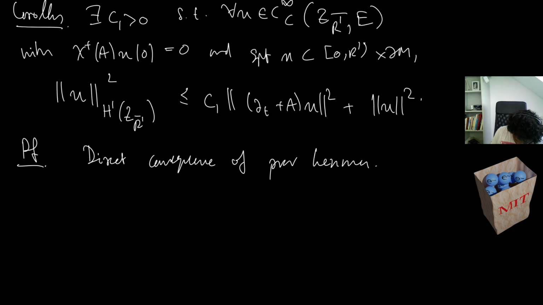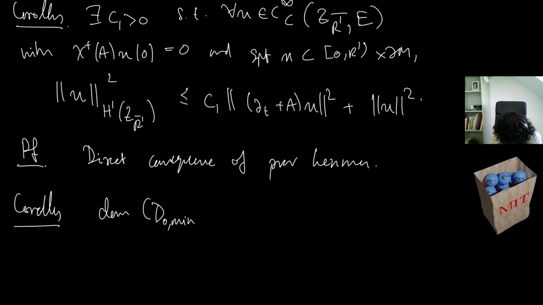But this immediately gives us that the domain of D naught min is equal to H, okay, so this is contained in H, I have to be careful as to how I say this, so this is contained in H1 naught lock space.